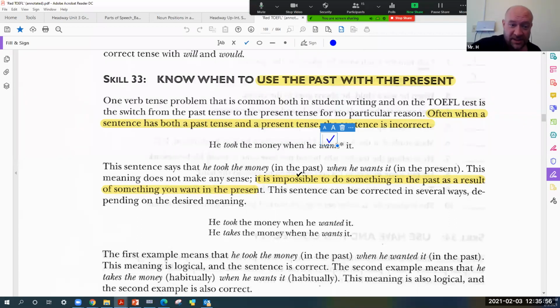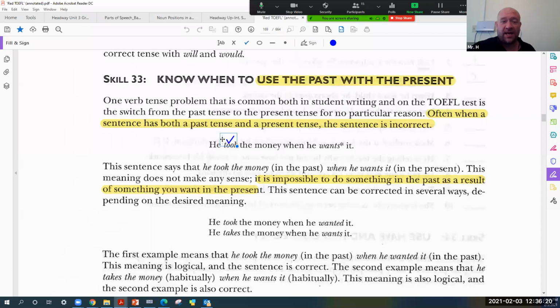It's logical. It's correct. Now, is this the only way to fix this example? Is there another way to fix this example, gentlemen? We can change the took to take.